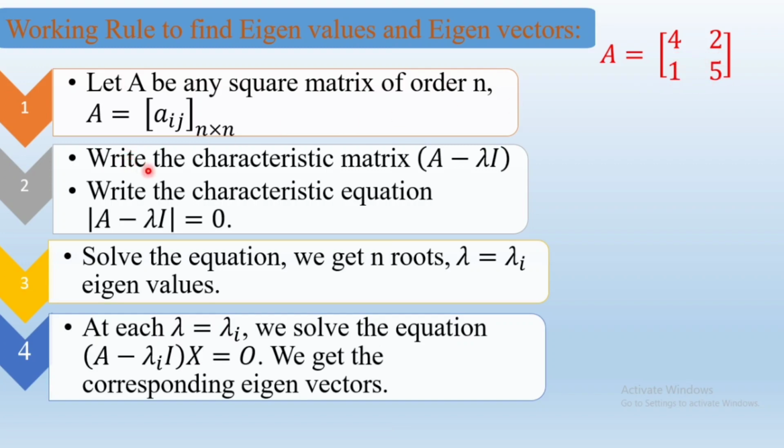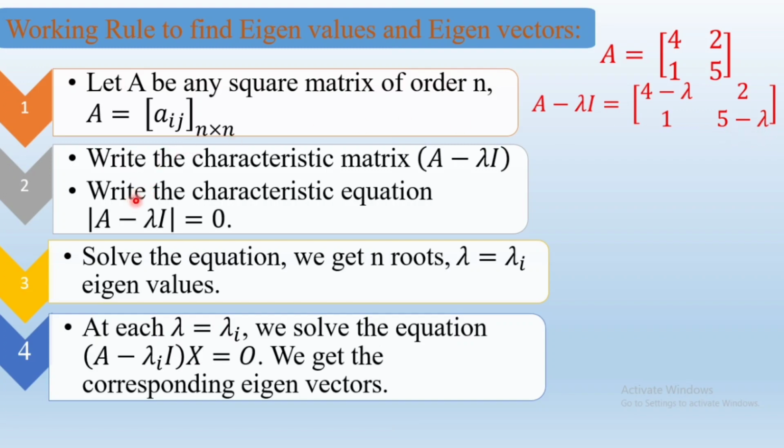Now what is step 2? Write the characteristic matrix, A minus lambda I. Simply A minus lambda I is equal to 4 minus lambda 2 1 5 minus lambda.